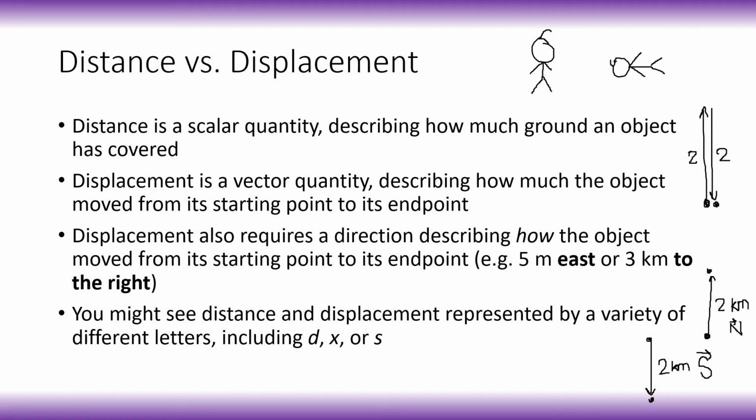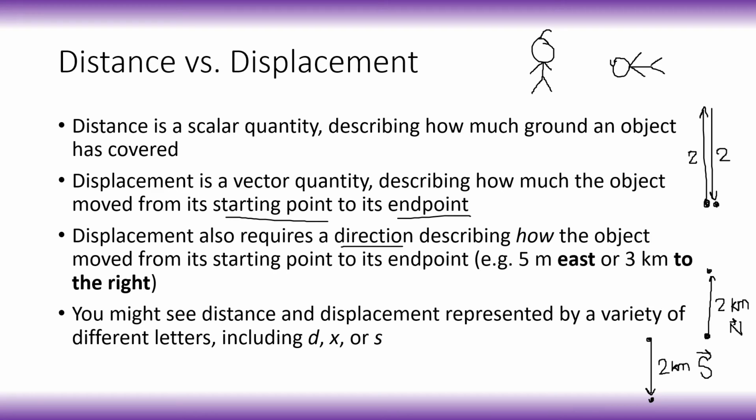So that's sort of a weird thing that takes some getting used to between scalars and vectors, is that my distance could be many, many kilometers, but if I come back to the same place that I started, then my displacement is 0. So displacement is something that requires a definite starting point that you're talking about, a definite ending point and ending time, I guess, depending on what you're looking at, and it also needs direction.